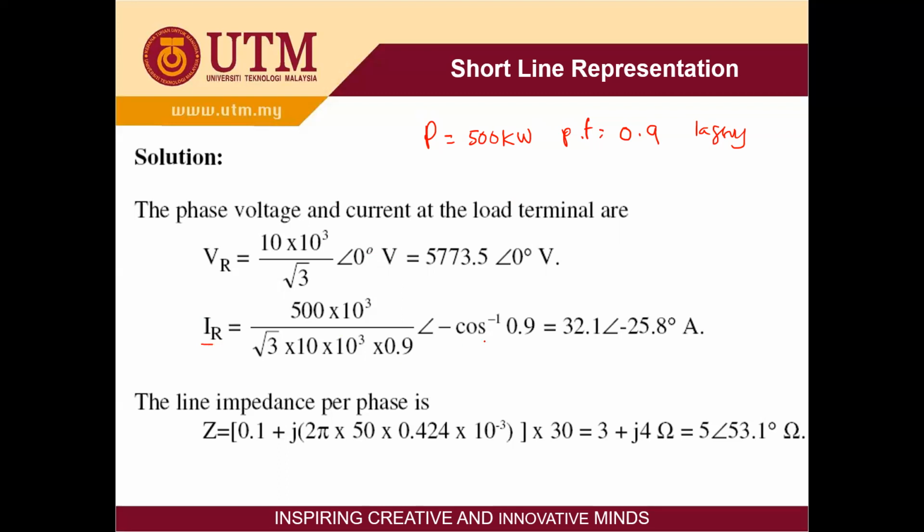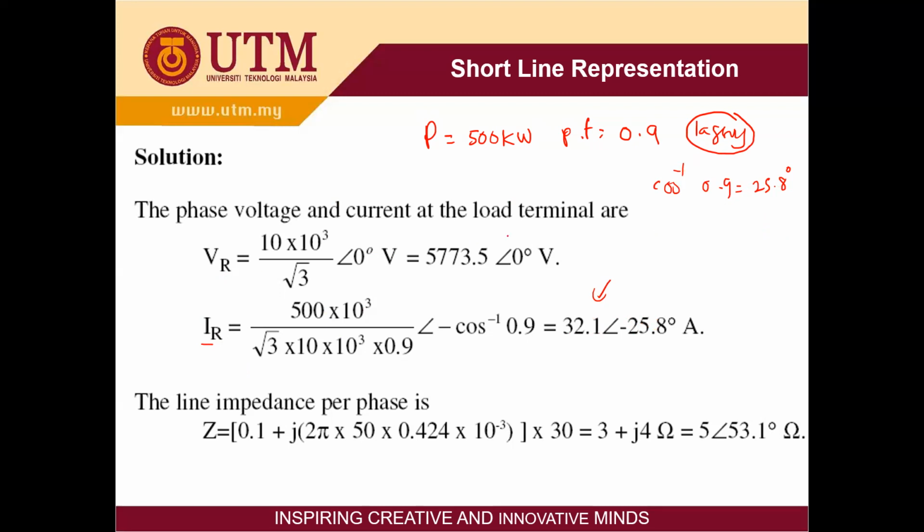So IR is 32.1, this is the value. From the inverse cos of 0.9, you will receive 25.8 degrees. But this one didn't mention whether it is positive or negative. By referring to the information from the question, it is lagging, meaning that the current is lagging the voltage.